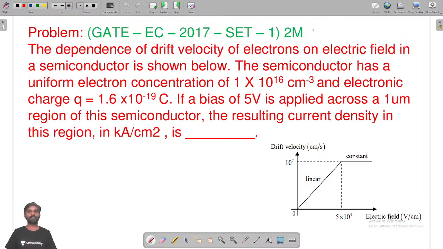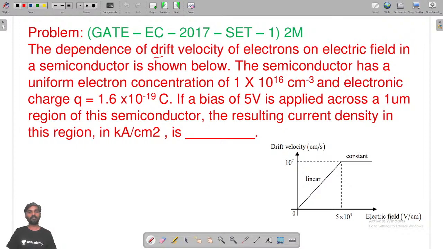This is a 2 marks question which was asked in GATE 2017, Set number one. Understand the problem very clearly. The dependence of drift velocity of electrons on electric field in a semiconductor is shown below.